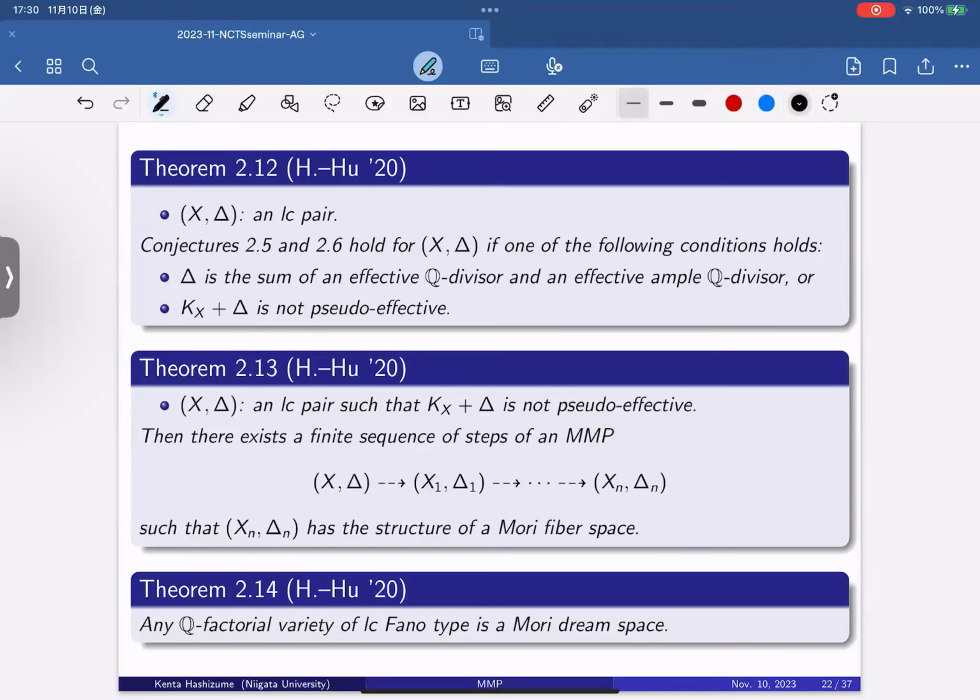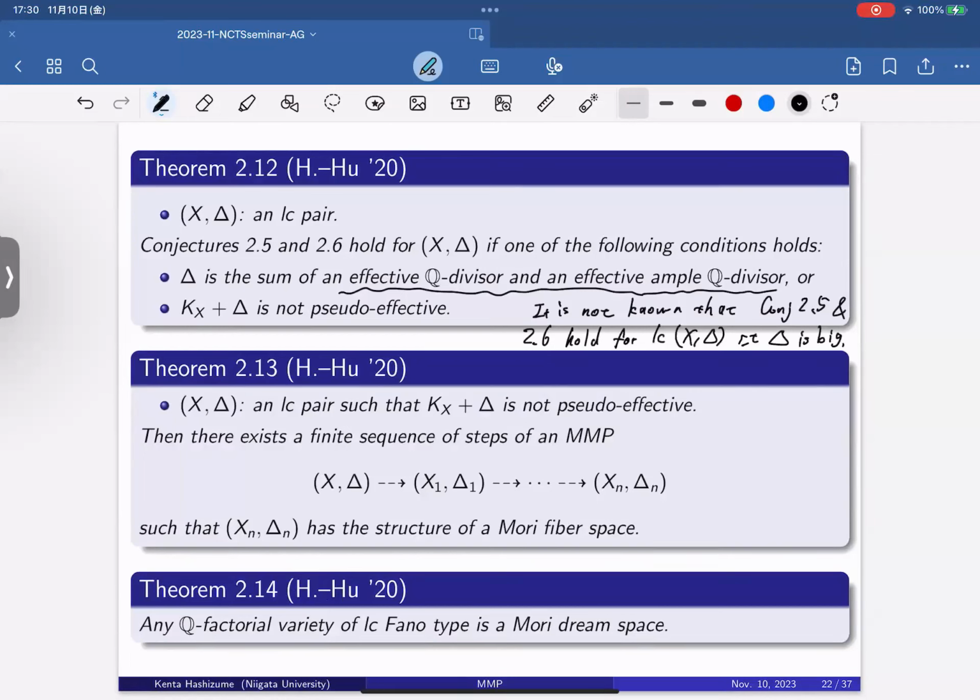Now we cannot generalize this condition to the big case. So it is not known that conjectures 2.5 and 2.6 hold for LC (X, Δ) such that Δ is big.